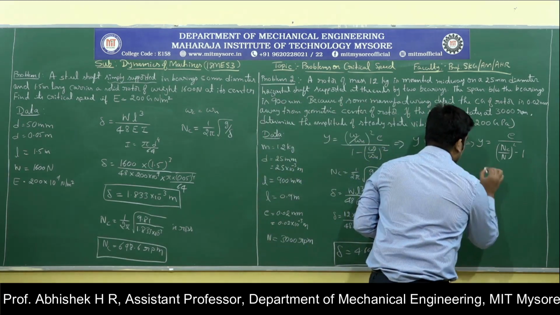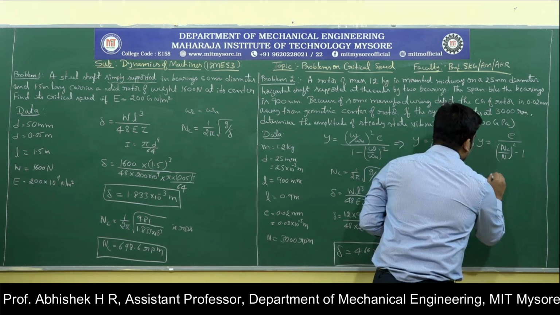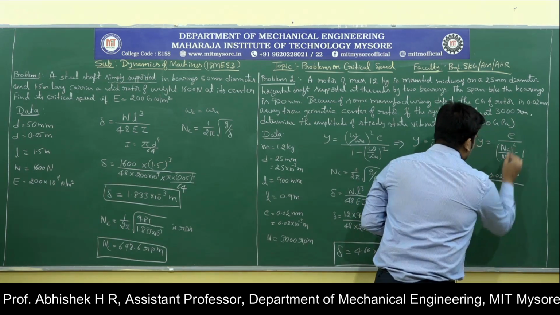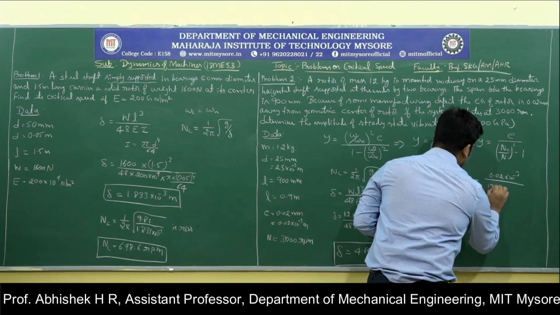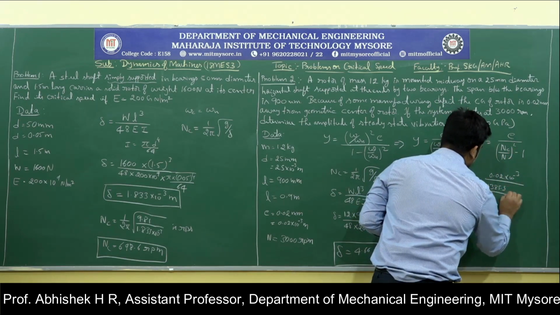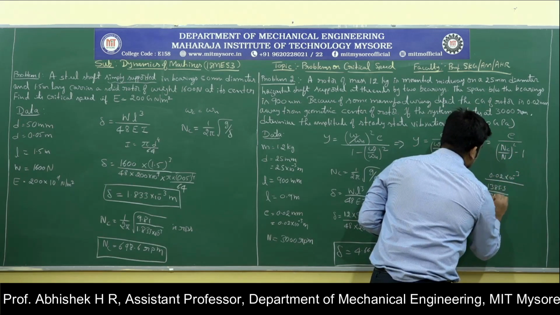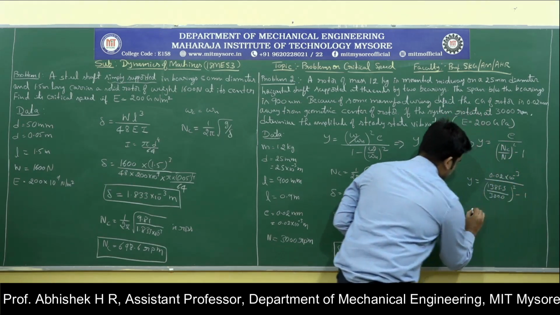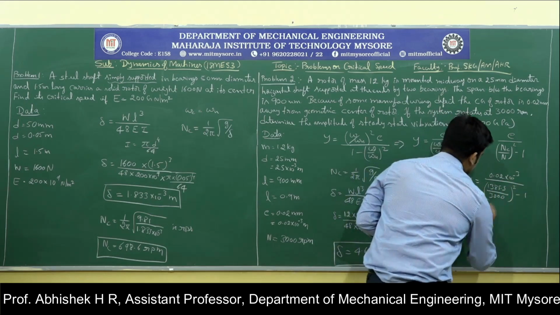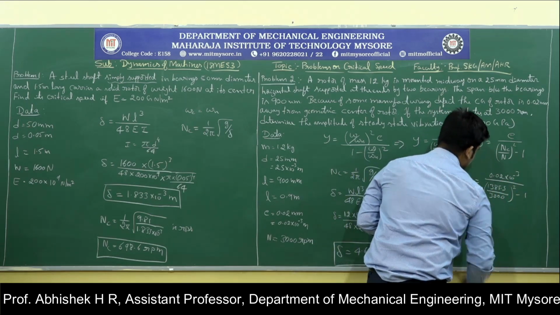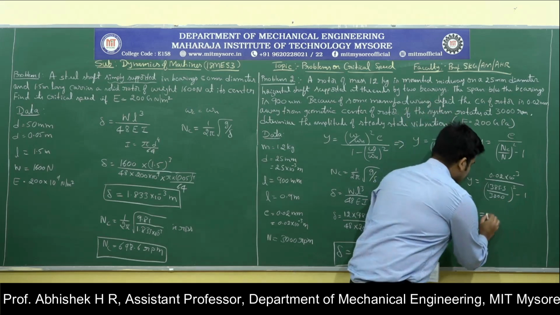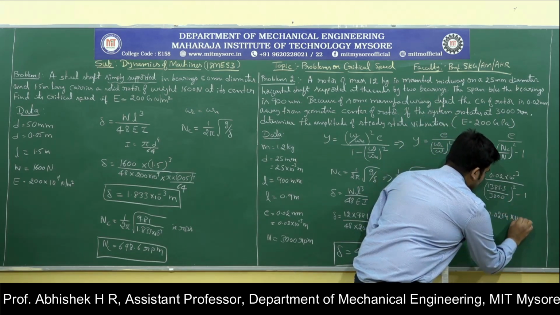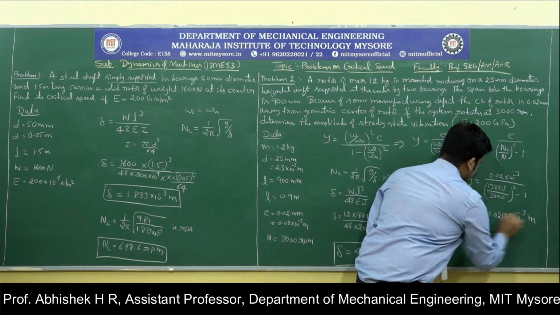So Y is equal to, e is 0.02 into 10 to the power of minus 3, Nc is 1385.5, and N is 3000 RPM. If you simplify this, we will get 0.0254 into 10 to the power of minus 3 meter.